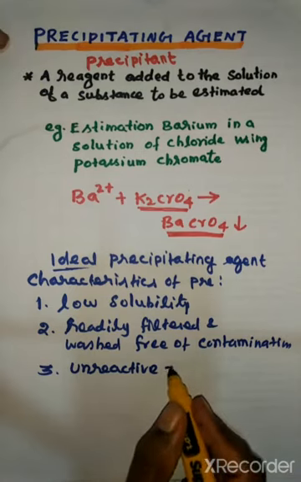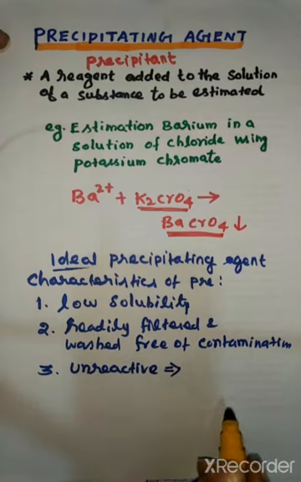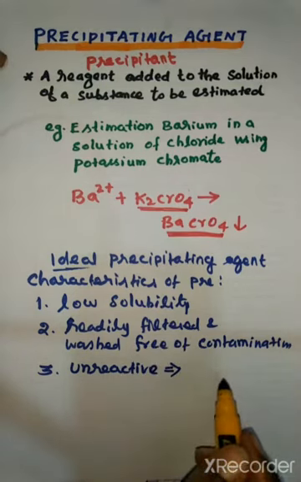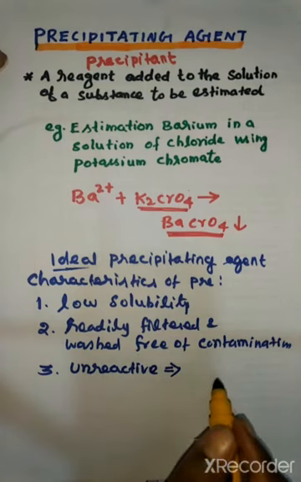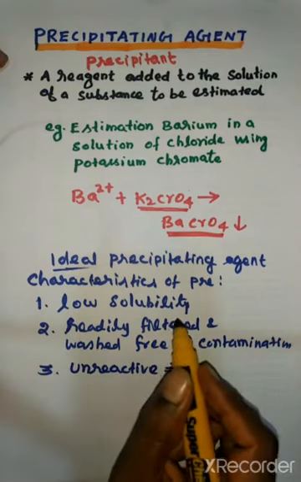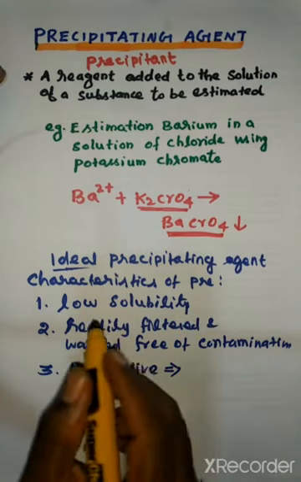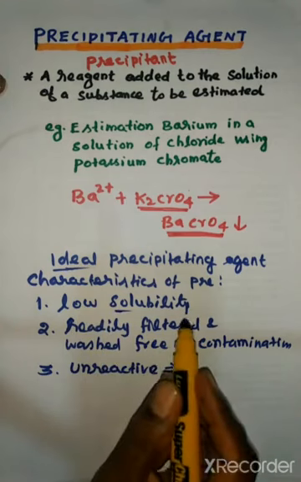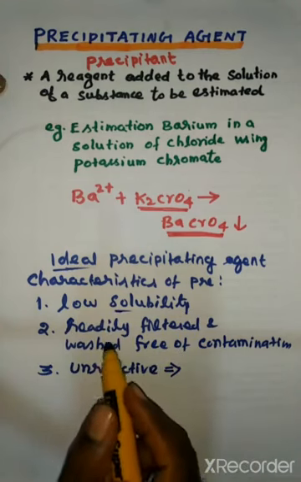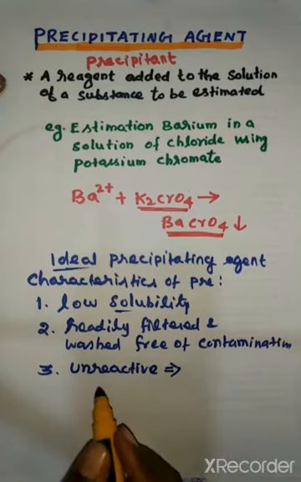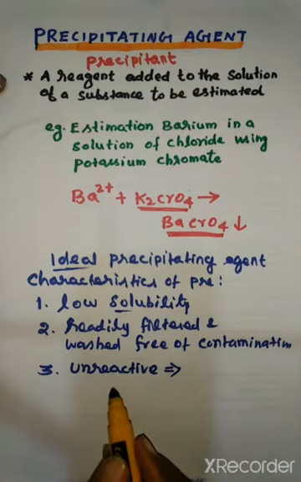So the formed precipitate must be unreactive, and the precipitant should fulfill these characteristics. Here we saw the characteristics of a precipitant: the formed precipitate should not be soluble, it should be readily filtered and washed free of contamination, and it should be unreactive.